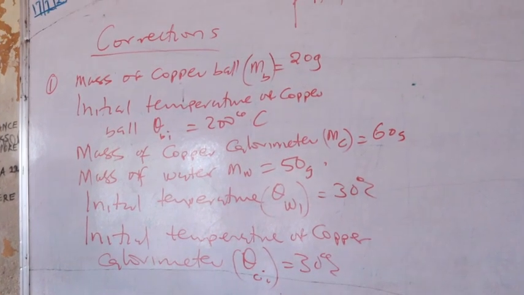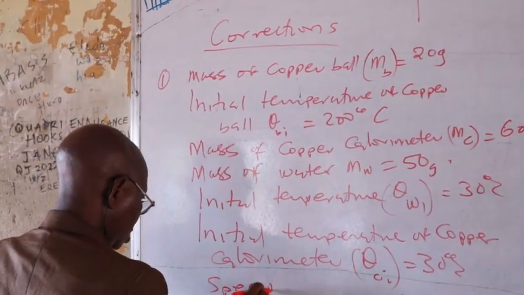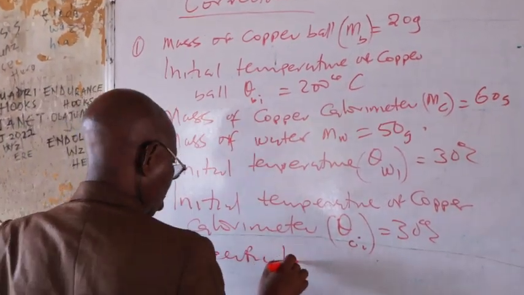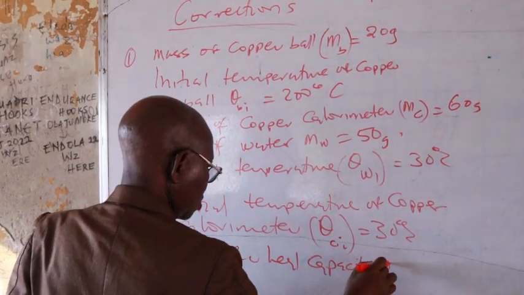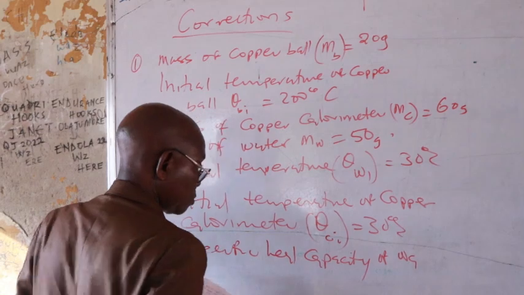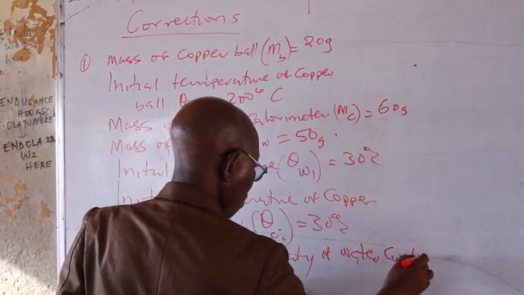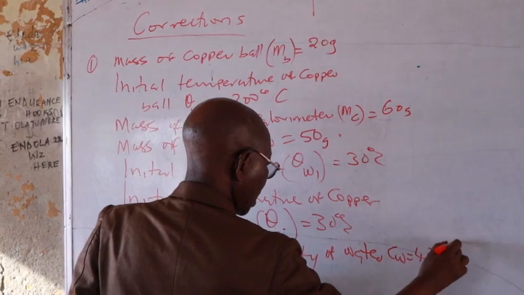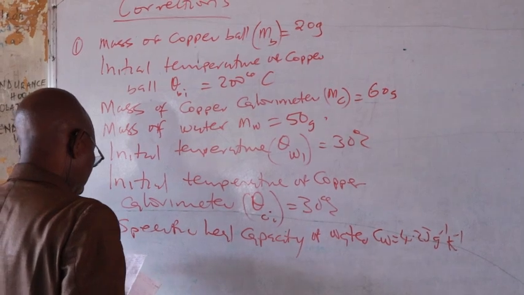Now, we are also given the specific heat capacity of water, to be 4.2 joule per gram per Kelvin. That's it.